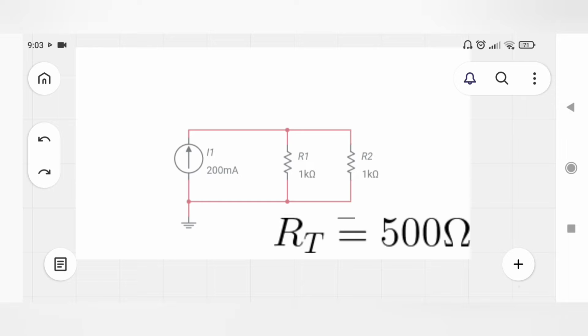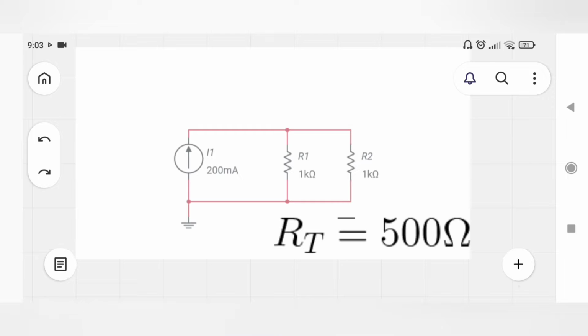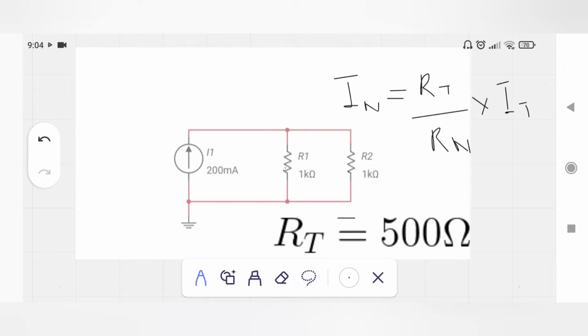This is RT, that is the equivalent resistance of R1 and R2, and the total current is IT, which is equal to 200 milliampere. This is the formula for the current divider method: IN is equal to RT divided by RN multiplied by IT.